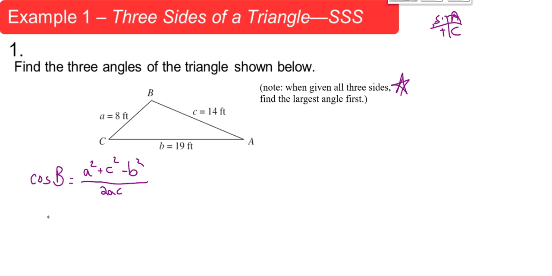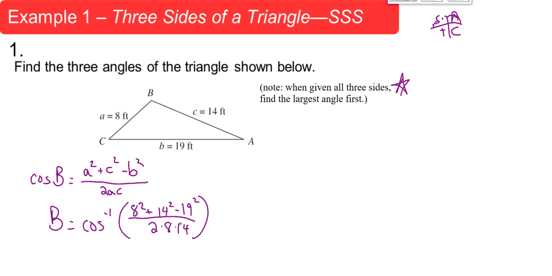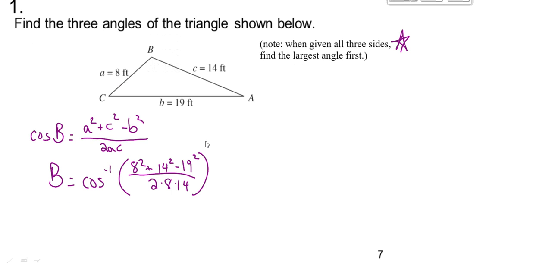And so capital B equals the inverse cosine of a, which is 8 squared, plus c, which is 14 squared, minus 19 squared, over 2 times 8 times 14. So actually, that's a little calculator intensive. So go ahead and use your calculator, pause this, and see if you can find B maybe to 2 decimal places.